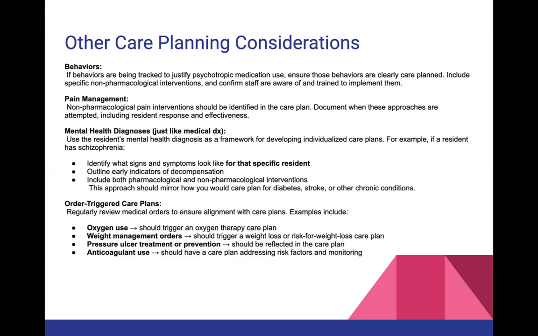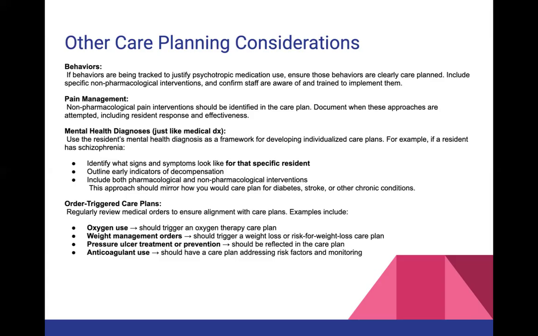So I would go look at our PCC diagnosis list, see what the diagnoses are, and see what we need to have care planned. And if it comes down to mental health, you're going to want to know what the signs and symptoms of that diagnosis look like for that resident, outline any indicators of decompensation, and include pharmacological and non-pharmacological interventions. So, taking the same approach that we would with medical issues for mental health.